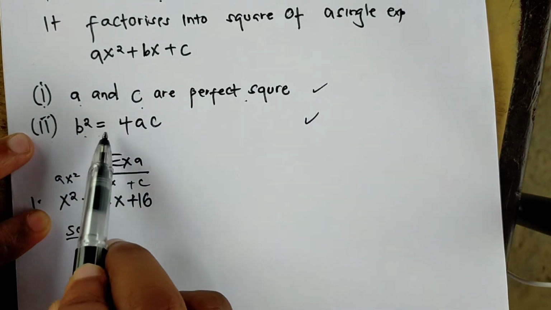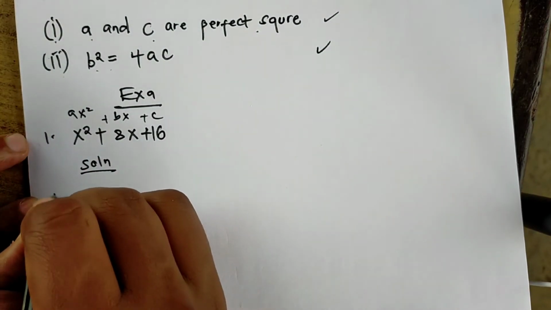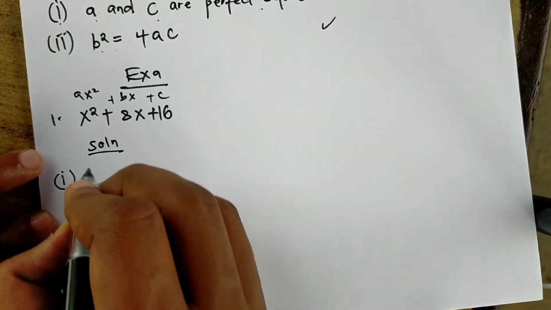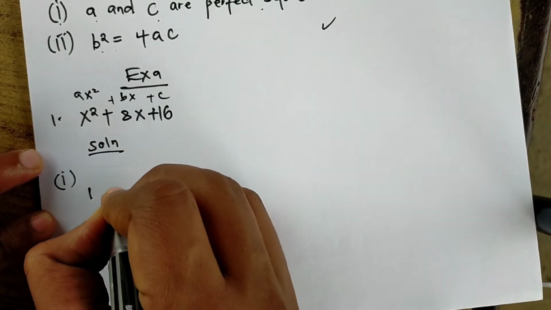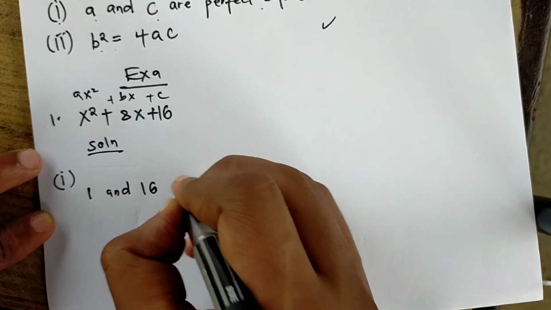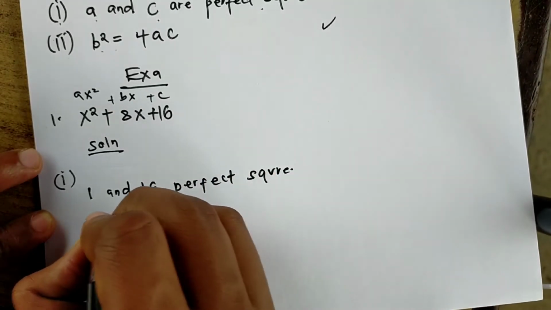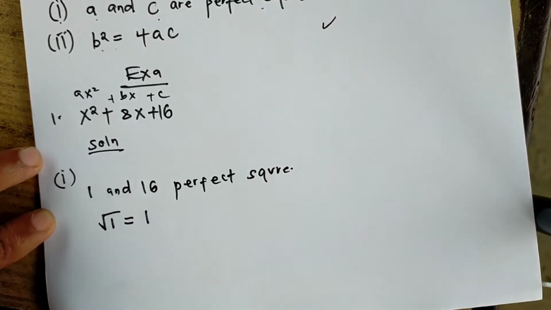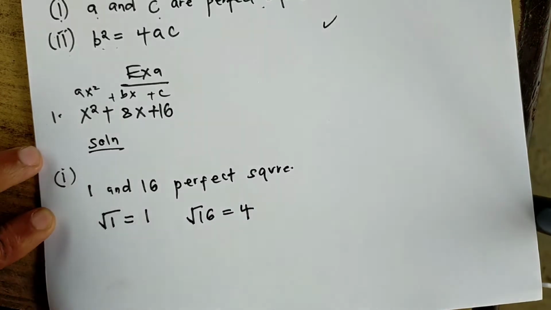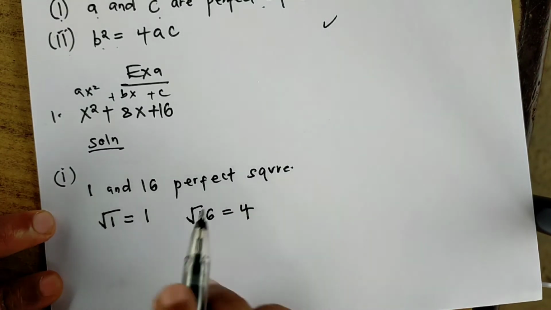Condition number two is b square is equal to 4ac. Let's check condition number one first. Here we have 1 and 16. 1 and 16 are perfect squares. How? Because the square root of 1 is 1 and the square root of 16 is 4. So we comfortably say that they are perfect squares.